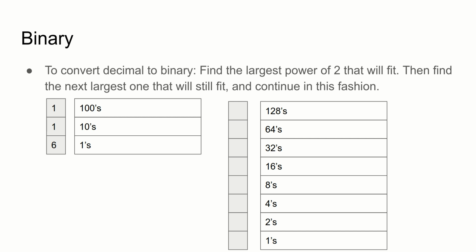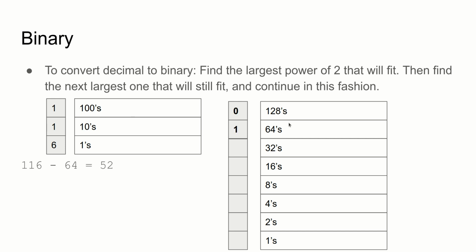So we'll look and we'll see, would this be needed to add all together to make 116? Well, if we start from 1 and go to 2 and 4 and do all these powers of 2, we'll eventually hit 128. And we know that 128 is larger than 116, and therefore 128 will get a 0.